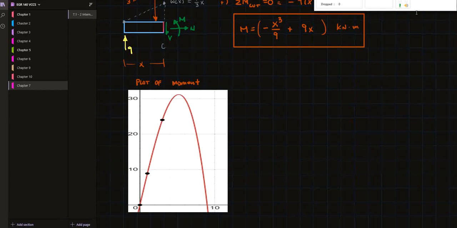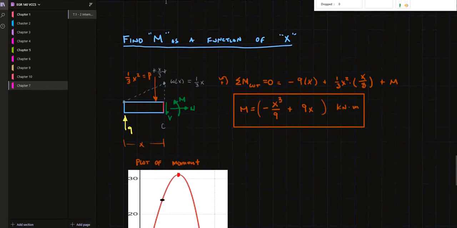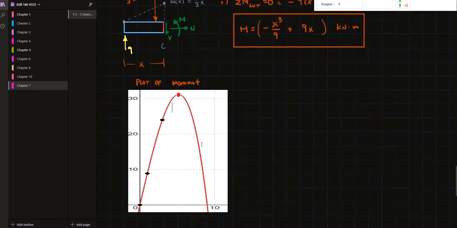So I could notice that this maximum point actually ends up occurring at the point where the shear force is the smallest, and so we can calculate that.